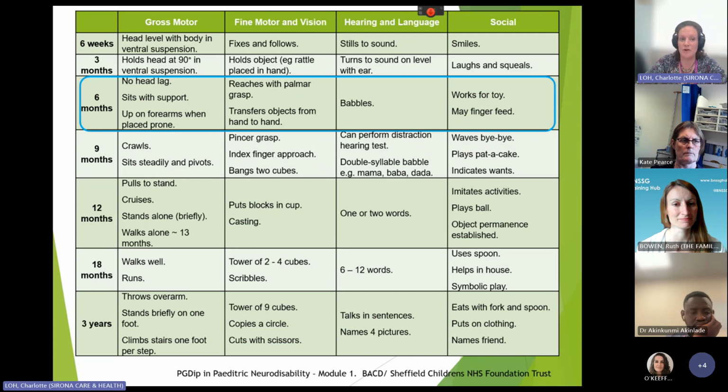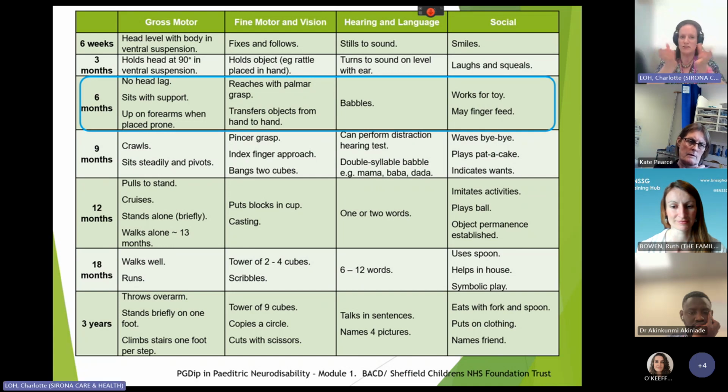So here, if you are able to sit with support, you can't have head lag. You wouldn't be able to sit if you've still got head lag, as you're not really able to hold your head properly. So those fit together. And then you're able to use your hands because you can sit, you can reach out, and you're developing your palmar grasp. That's the first bit of reaching out.